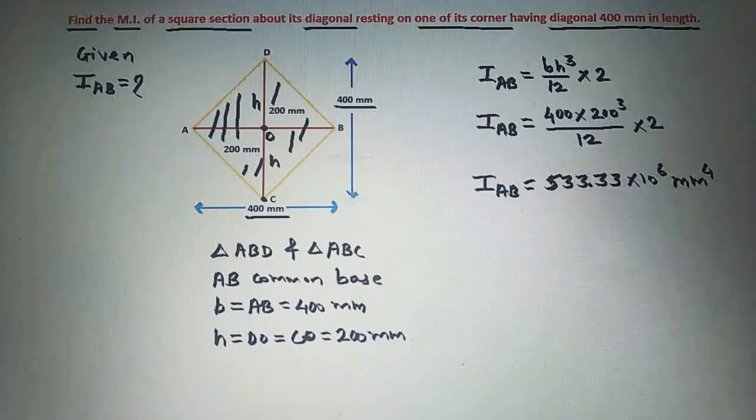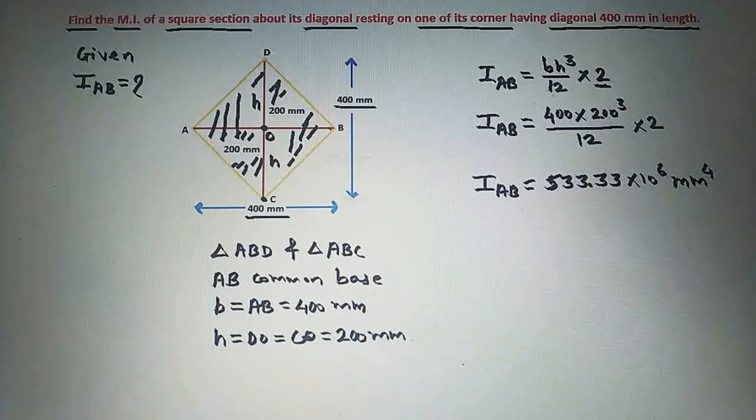We are considering the triangle ABD, and that should be bh cube by 12, but the triangle ABC has the same base and same height, so the moment of inertia of the triangle ABC about its base AB will also be the same, so we will multiply this by 2, and then we will get the moment of inertia of this whole square section about this diagonal AB.